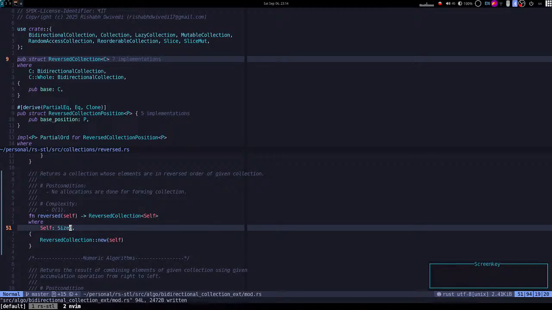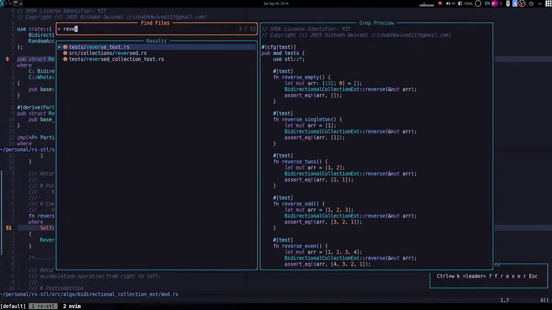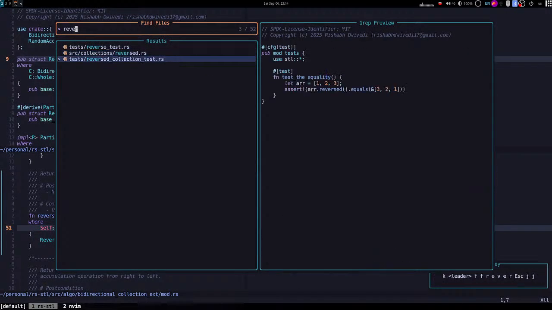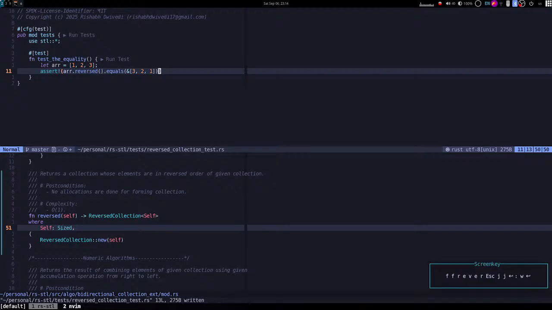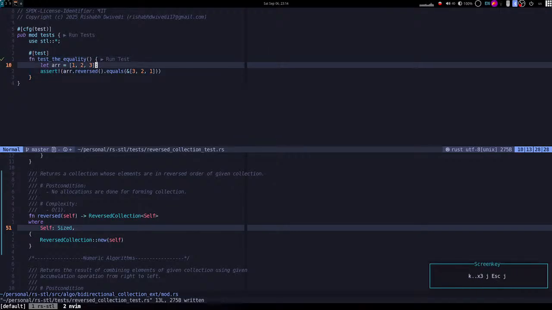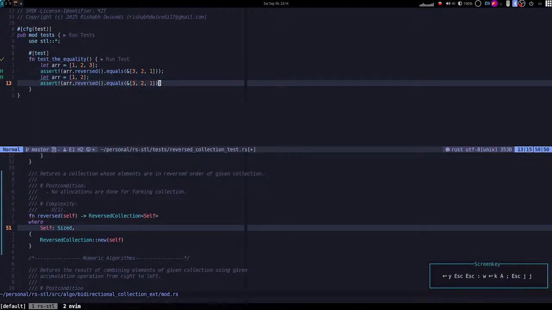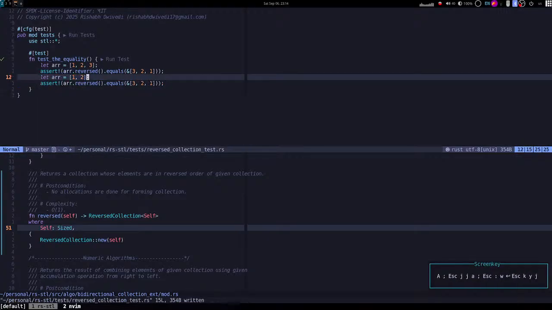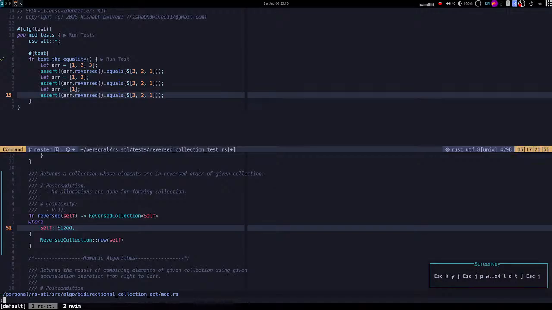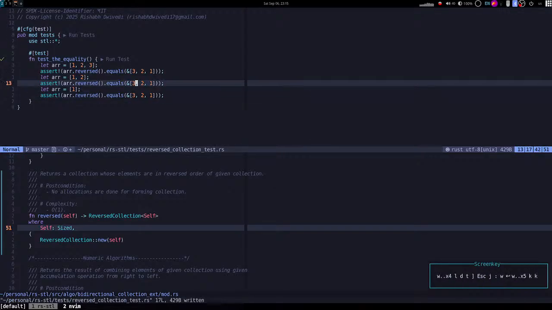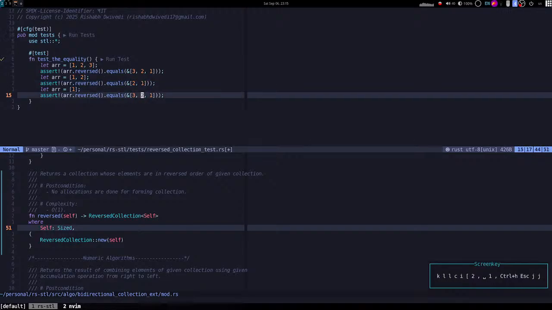Okay, so now I can go for the reversed collection test and I can run it. It works. Okay, I might want to try a little more of a condition, right? And one more. One, two, it should be 2, 1, right?